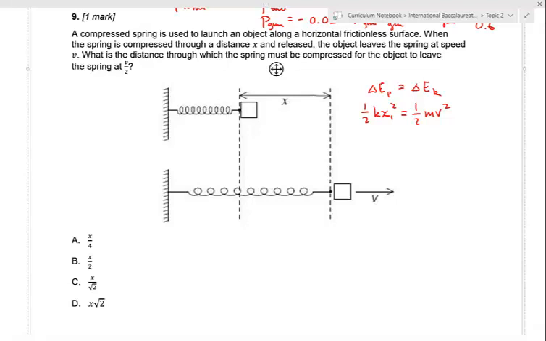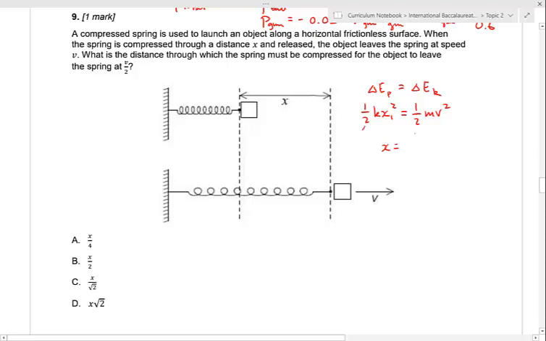And so if we launch it at v/2, what are we going to get? So we're trying to find x here. So let's rearrange this for x. X is going to be equal to, we can cancel the halves, and we get mv squared over k, all square root. So that's equal to square root m/k times v. So we can see that x and v are directly proportional.